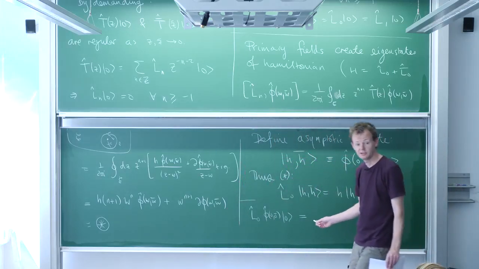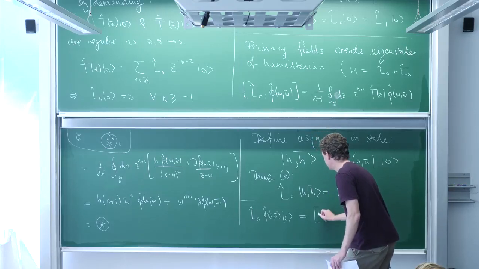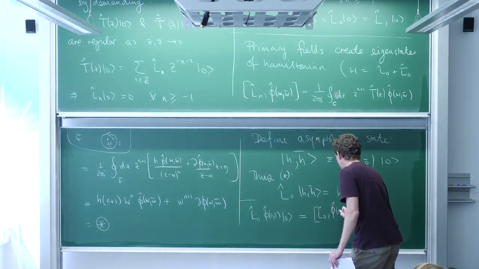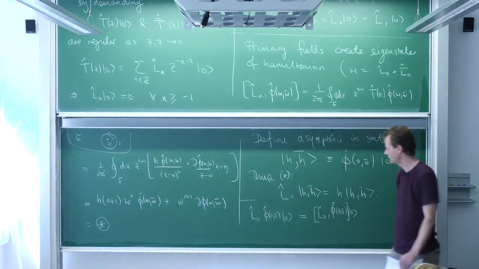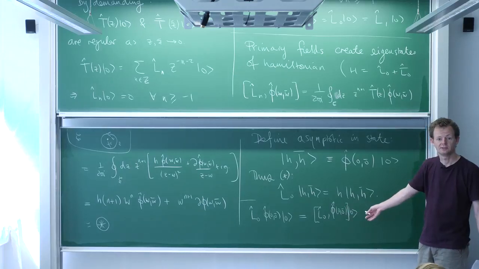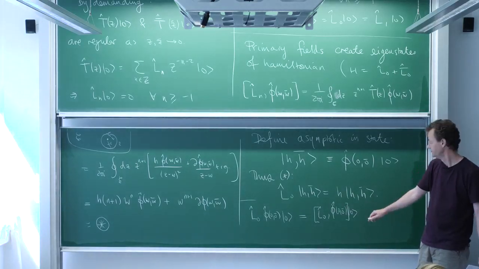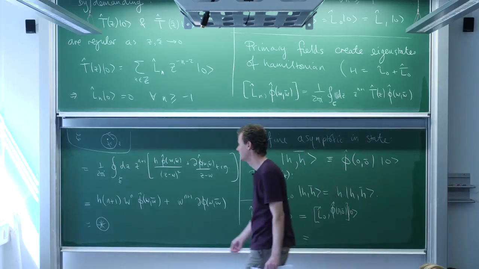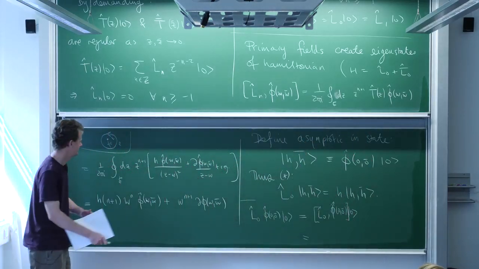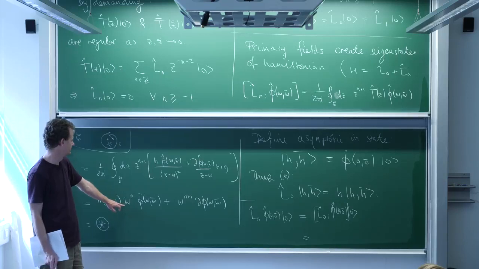So then we want to put a commutator there. And we can do that because L naught acts on the vacuum as 0, it annihilates the vacuum. And then we use star. And we set W to 0.